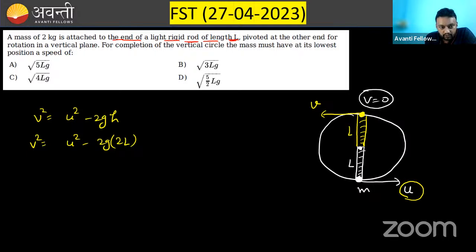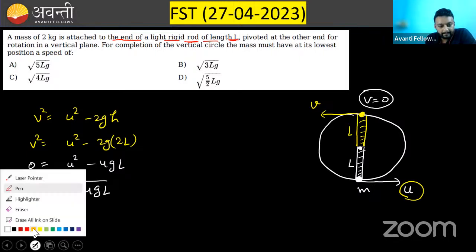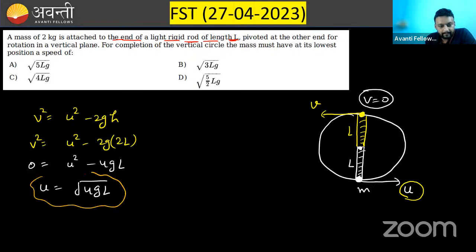So I am putting v equals 0 here. 0 equals u square minus 4gl. So u equals root of 4gl. That's the answer, which is option number C.